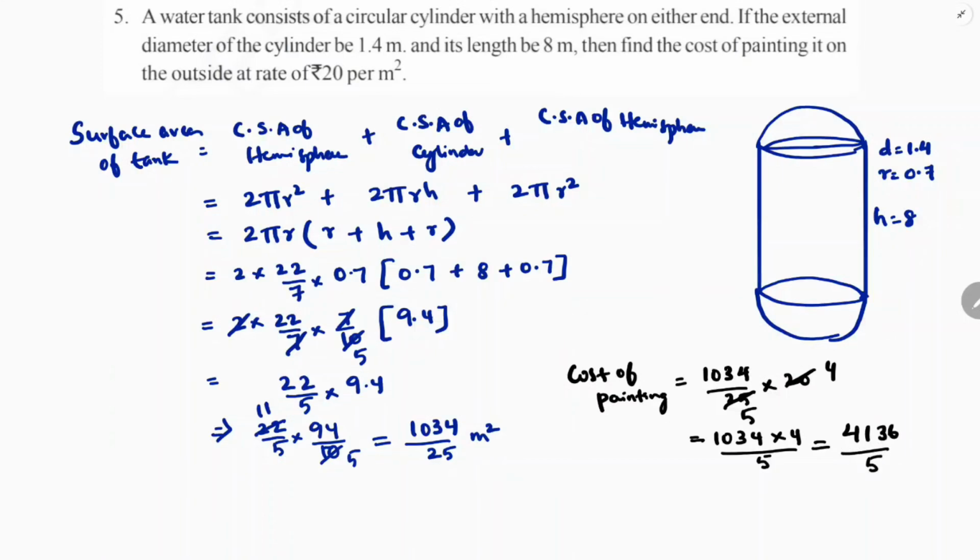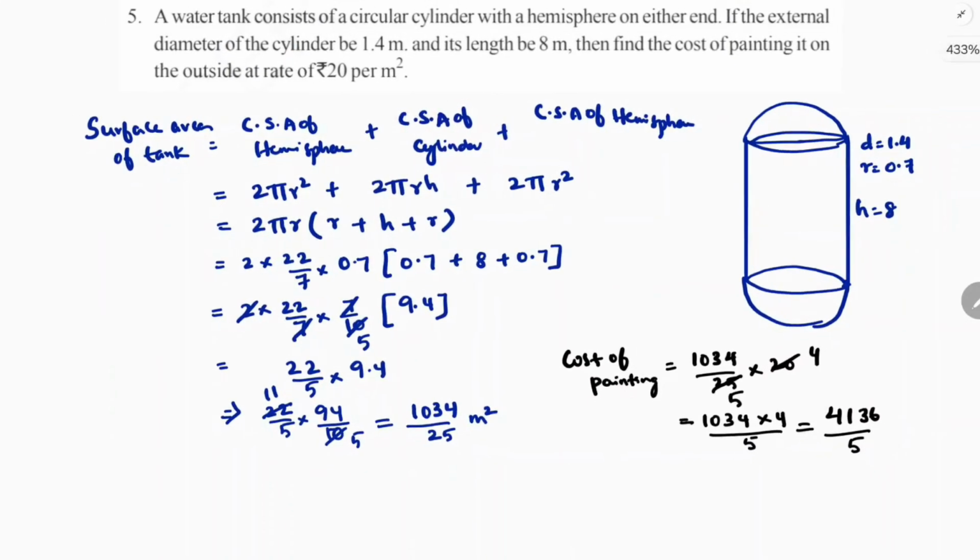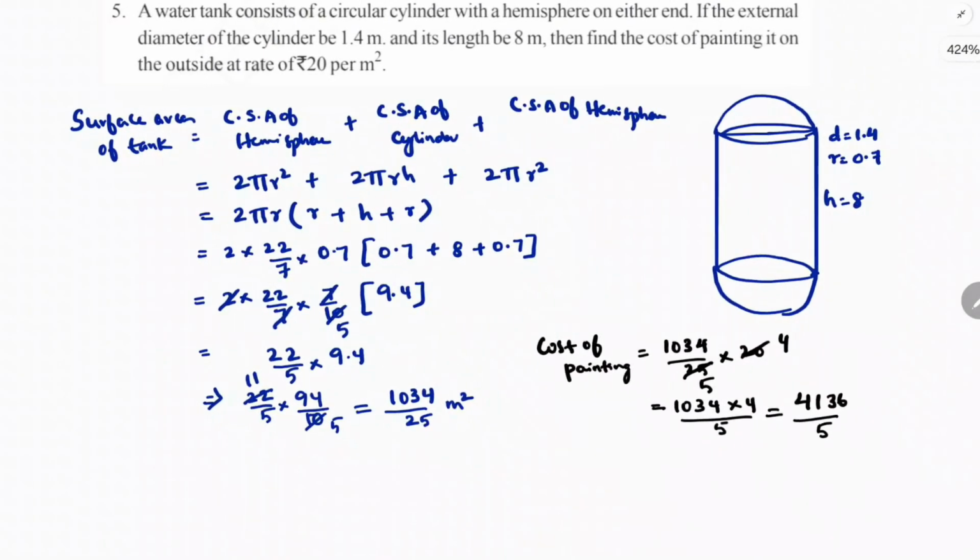So if we divide this value by 5, you'll get clearly 827.2 rupees. So the cost of painting is rupees 827.20.